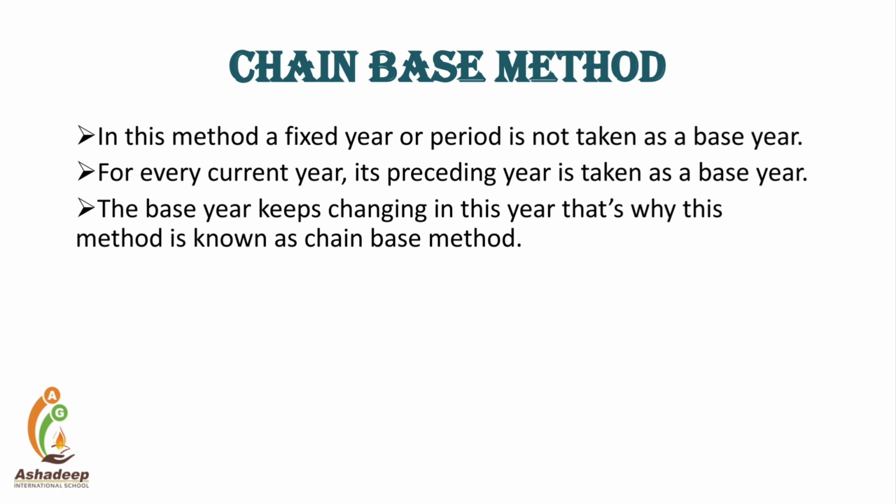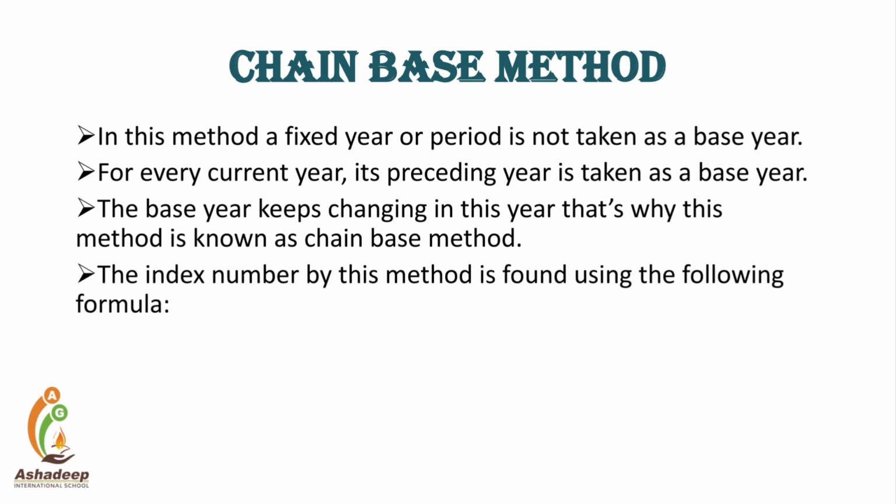If you know the value of 2018, then you can find the index number for 2019. And if you know the value of 2019, only then can you find the index number for the year 2020, because it is dependent. That's why it is like a chain, and that is the reason this method is known as the chain based method.